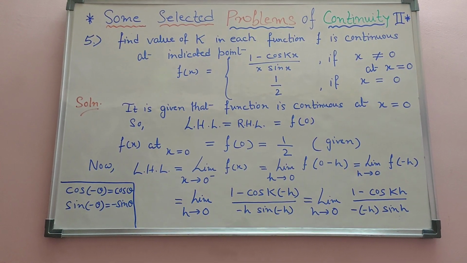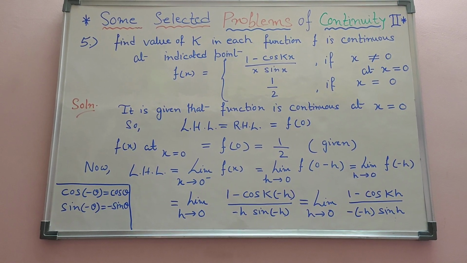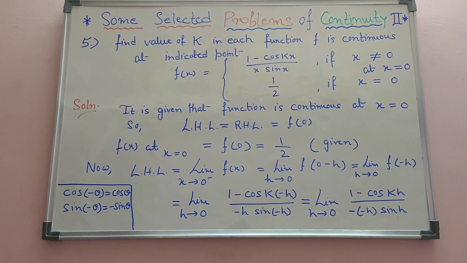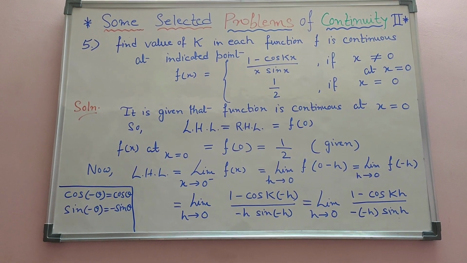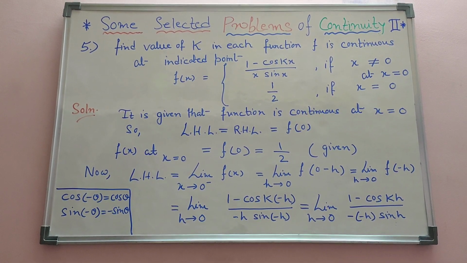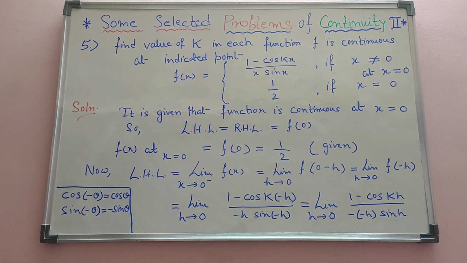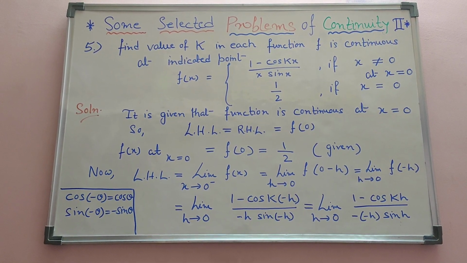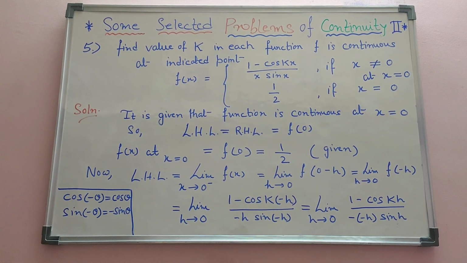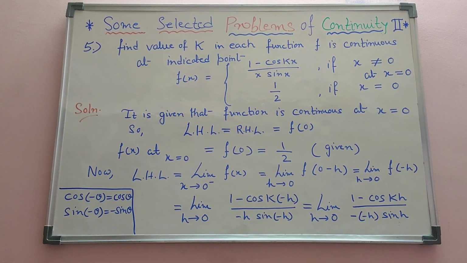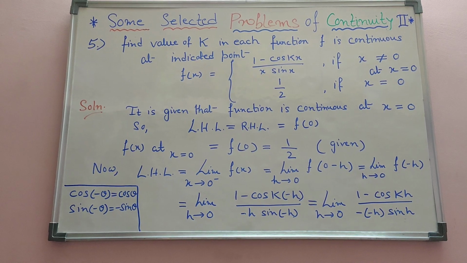Now, as we know from basic trigonometry, which I have written at the bottom left, cos of minus theta equals cos theta, and sine of minus theta equals minus sine theta. We use this concept here.